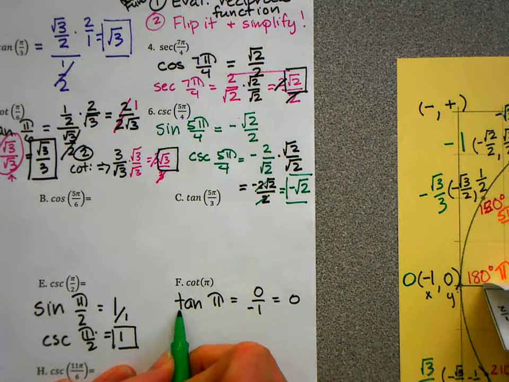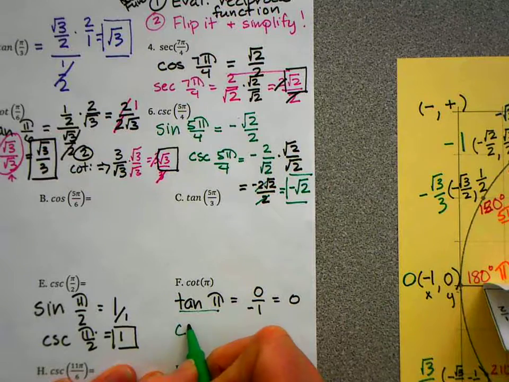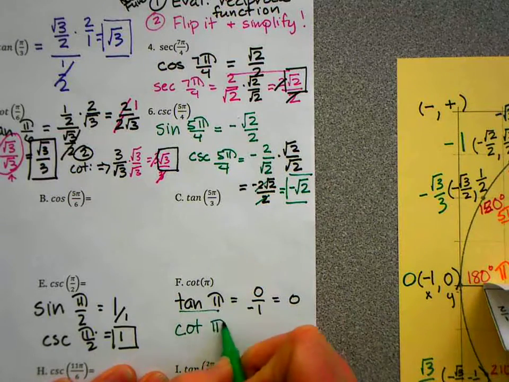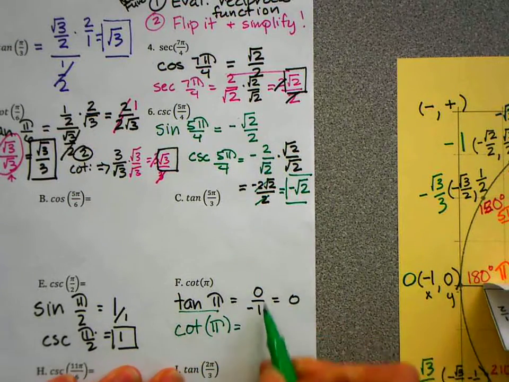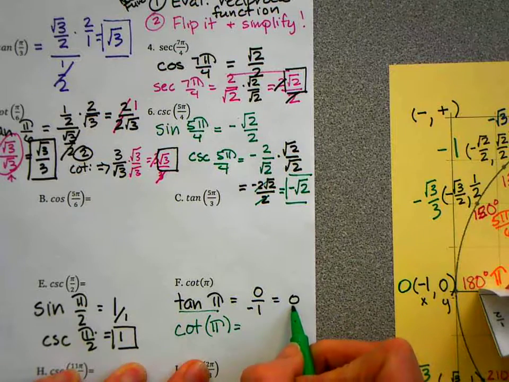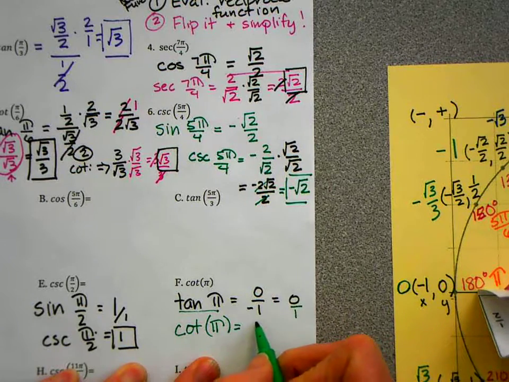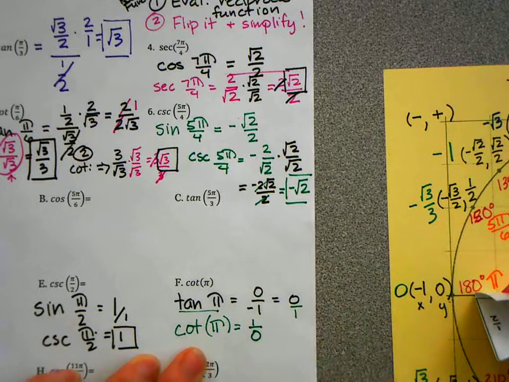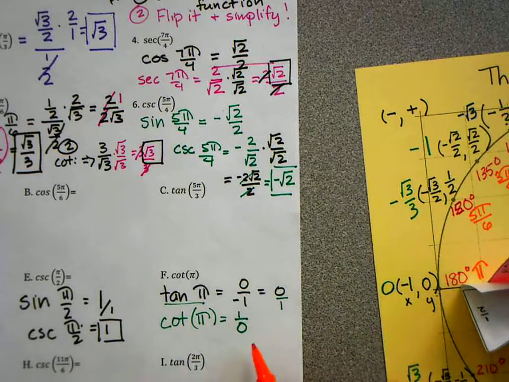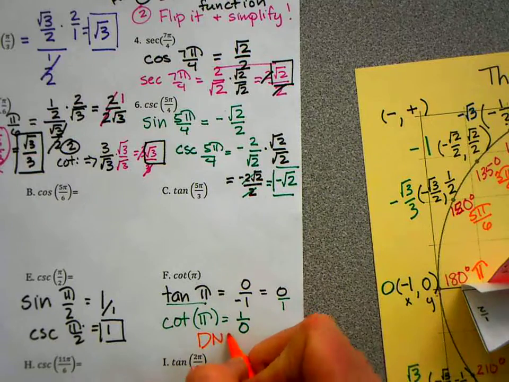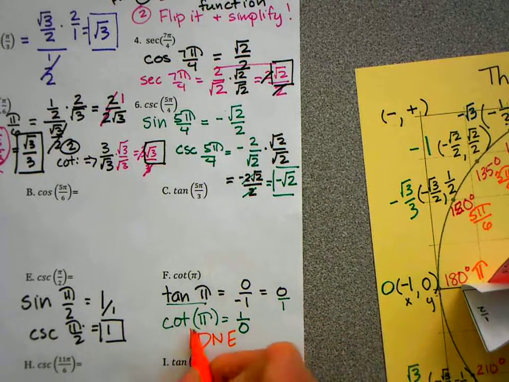The cotangent of pi equals, flip this, because you flip that and you get 1 over 0. And you should have in your head, I can't divide by zero. Does not exist. So sometimes with tangent and cotangent, you're going to get does not exist.